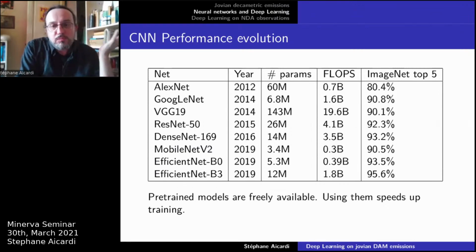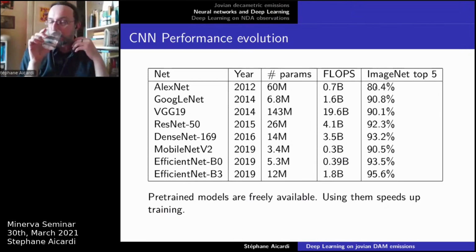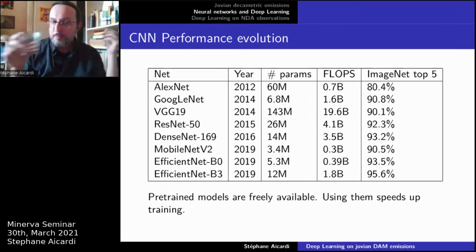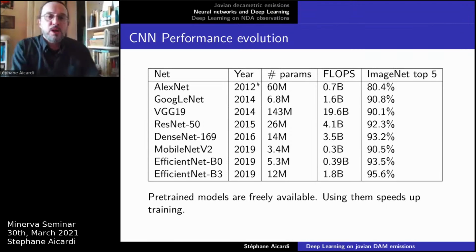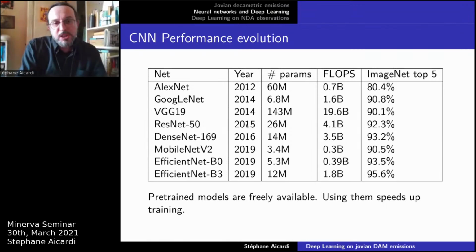And we have around the same performance. With ResNet, which is much deeper, we can use fewer parameters and flops to achieve a better performance.